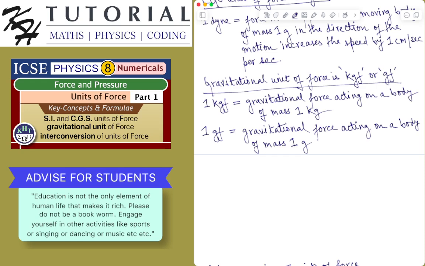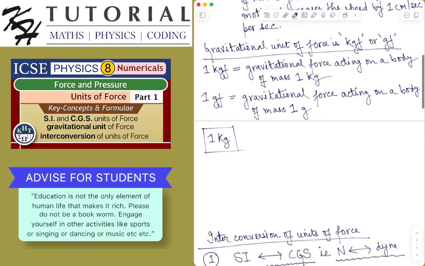So let's say there is a body of mass 1 kilogram. Let's say we are talking near the surface of the earth. We know that its weight W will act vertically downwards. What will be this W? This will be nothing but 1 kgf.